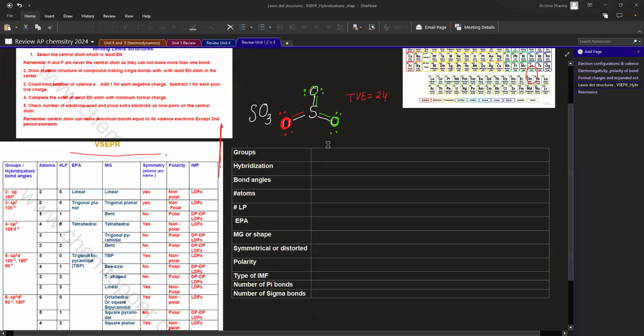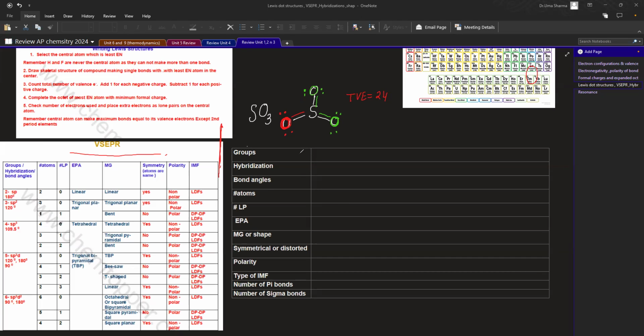Otherwise, you will not learn the way I want you to learn, because these are your multiple choice questions, free response questions. To answer all these questions, first we have to make the Lewis dot structure. Every time, draw the Lewis dot structure and then start answering the questions. Without Lewis dot structure, you cannot answer.